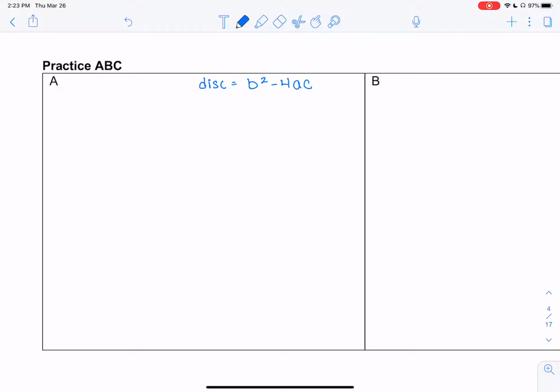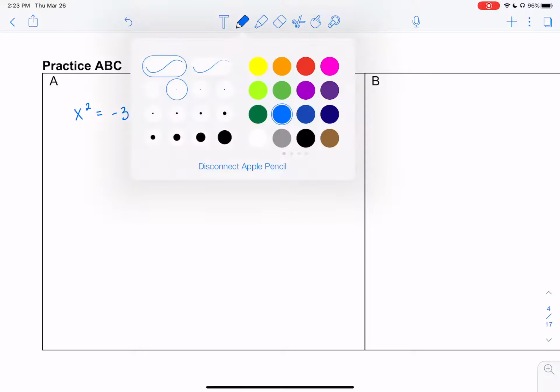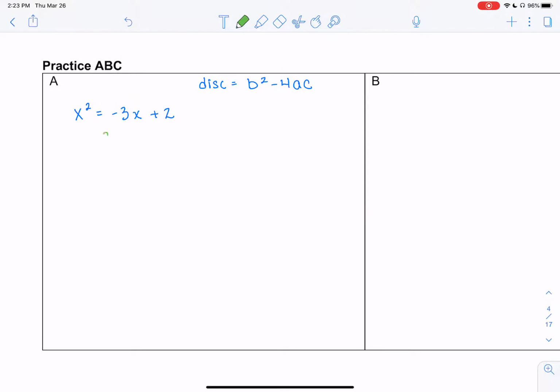Question A asks us to use this equation, x squared equals negative 3x plus 2. My first step is going to move everything over to the left side so it's set equal to 0. Just a note to myself, set equal to 0 as my first step. You don't have to write that, that's just me helping you out.